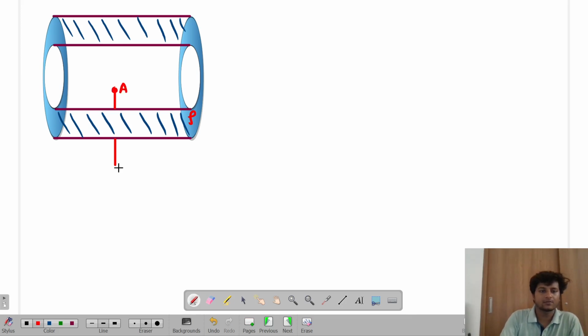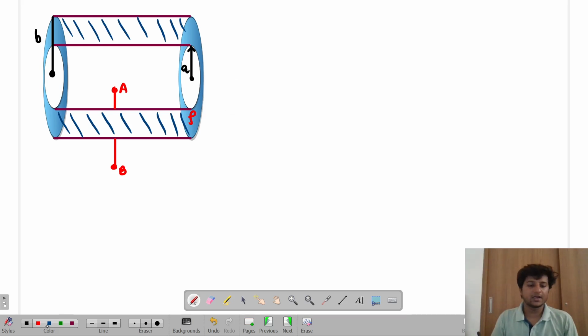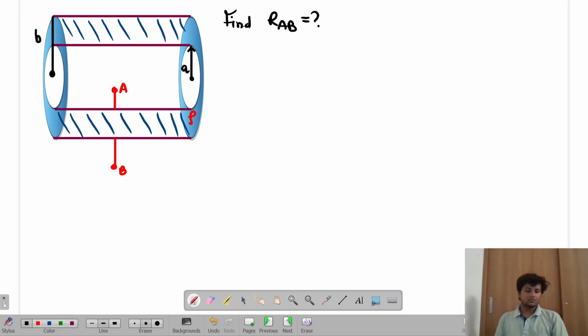This is A and this is my point B. And inner radius is radius A, and outer radius is radius B. Solve it. Yeah, you have to find R AB. Tell me first. Length is also given. No need to take tension.